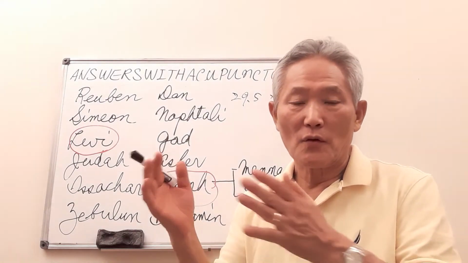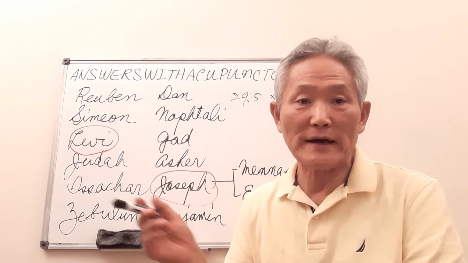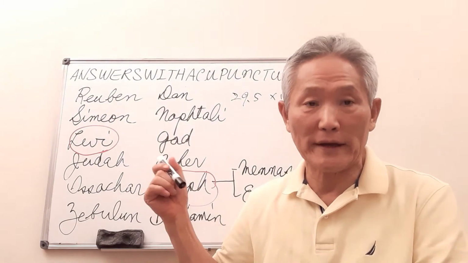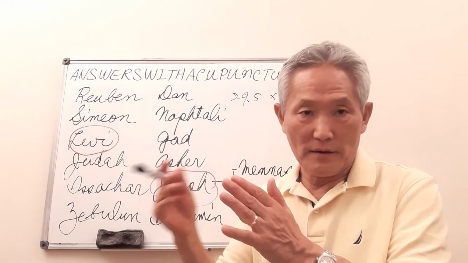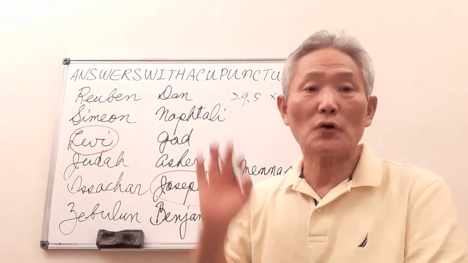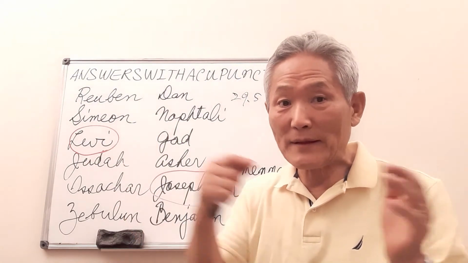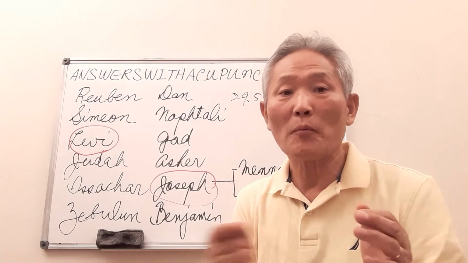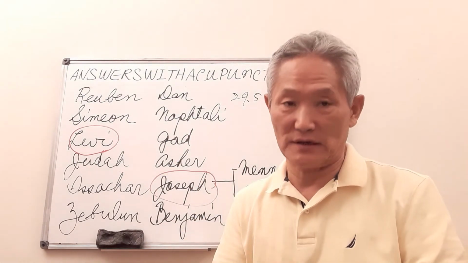So once in a while they put 1 month extra on the lunar calendar in order to equal the solar calendar. When they put one more month, then it becomes 13 months.